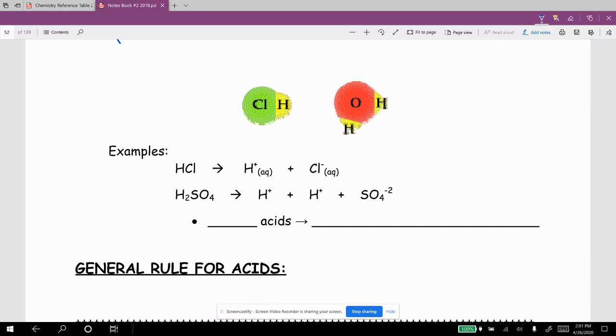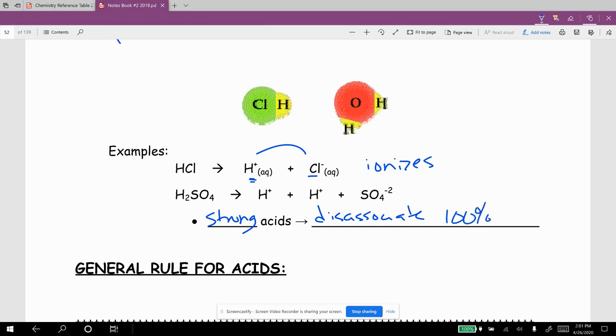So here is an example of an acid. Why is it an acid? It splits into the H plus and the Cl minus. So this ionizes, and here's where the electric current can go between. Then the strong acids dissociate 100%.